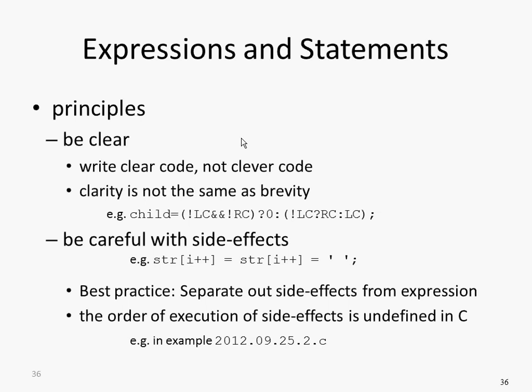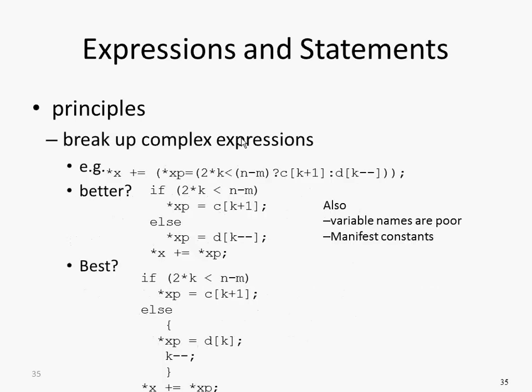It's not clear, for example, in this previous expression, whether this K is determined before this thing. This one actually is, because it has to be to determine which one of these is executed. But if there were another component that depended on K, it wouldn't be clear which thing executed first.